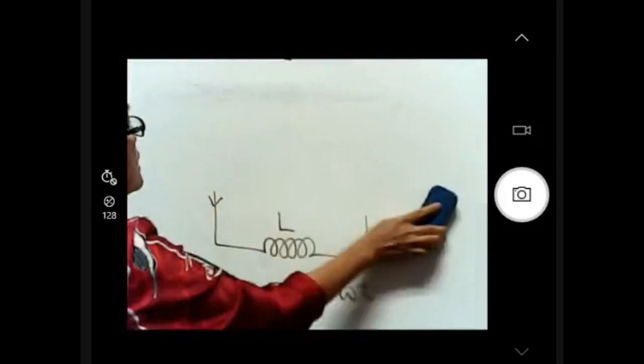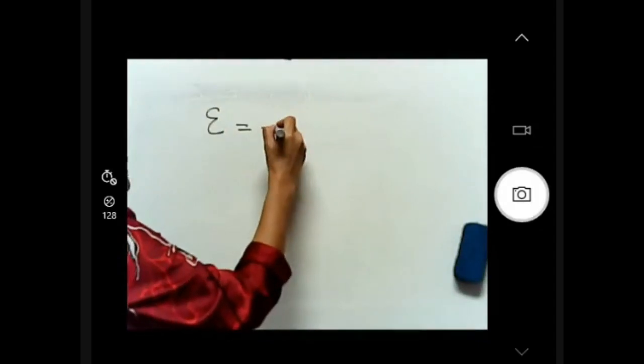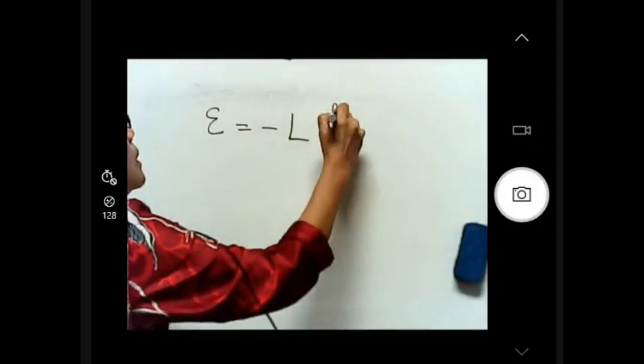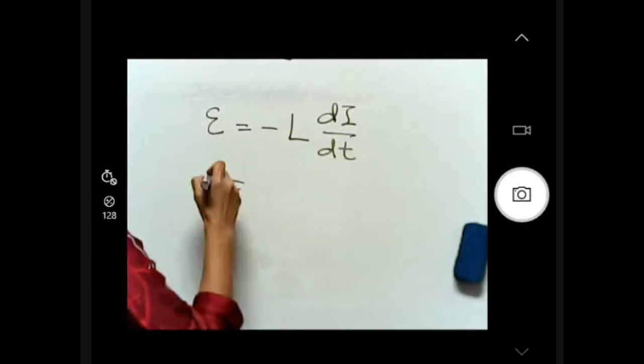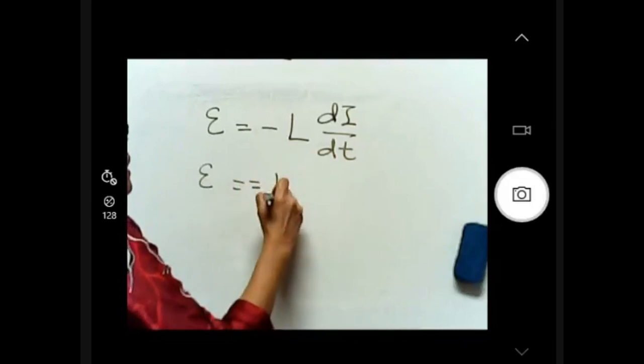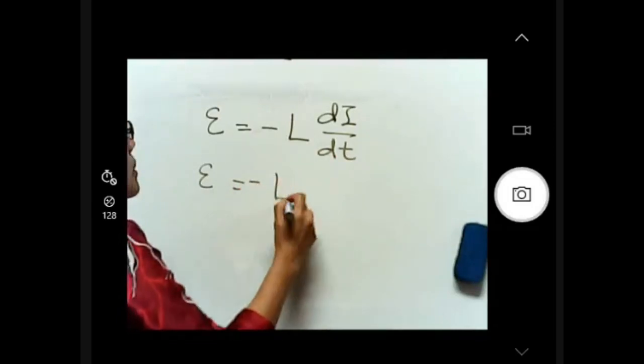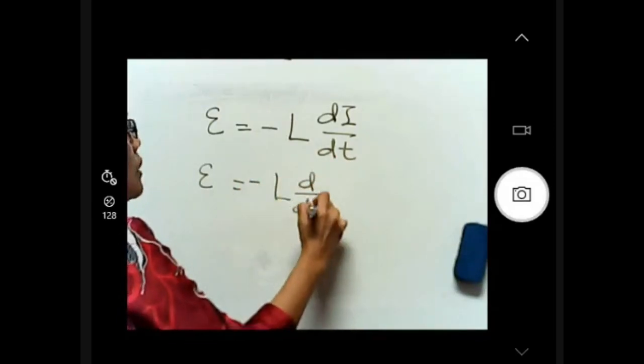So we will start by using induced EMF equals negative inductance times di over dt. So induced EMF equals negative inductance times d, meaning differentiate current.